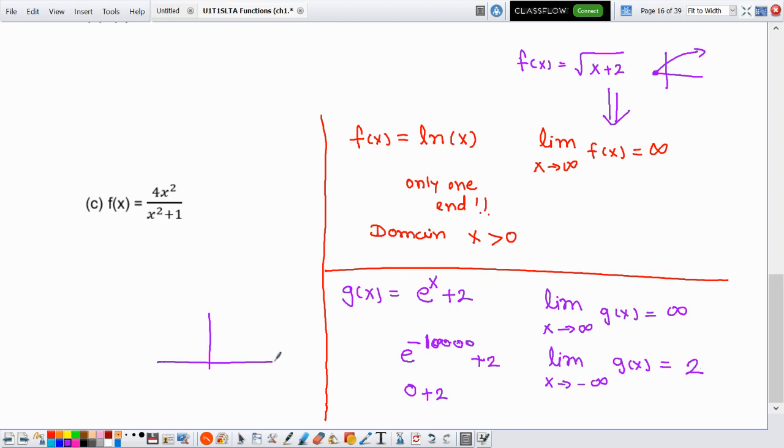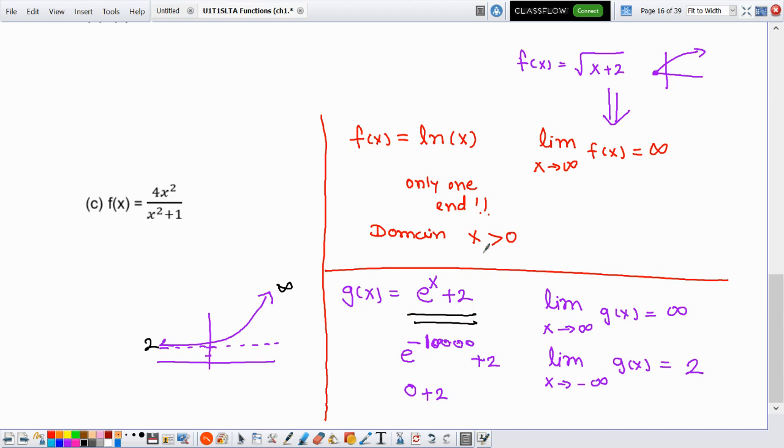Another way to check is that e to the x is shifted 2 units up, and that is the graph. So you can confirm that as x approaches infinity, it goes to infinity, and as x approaches negative infinity, it is 2.